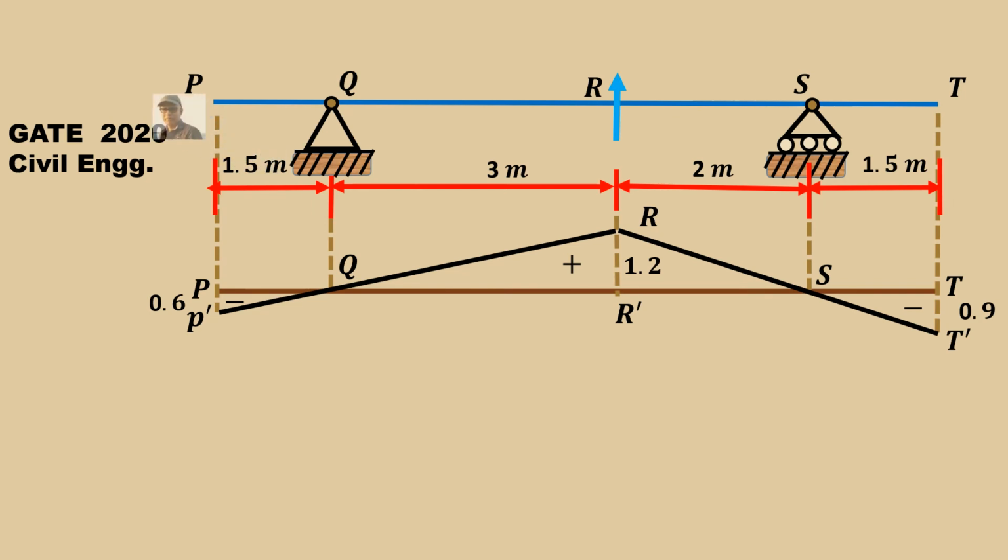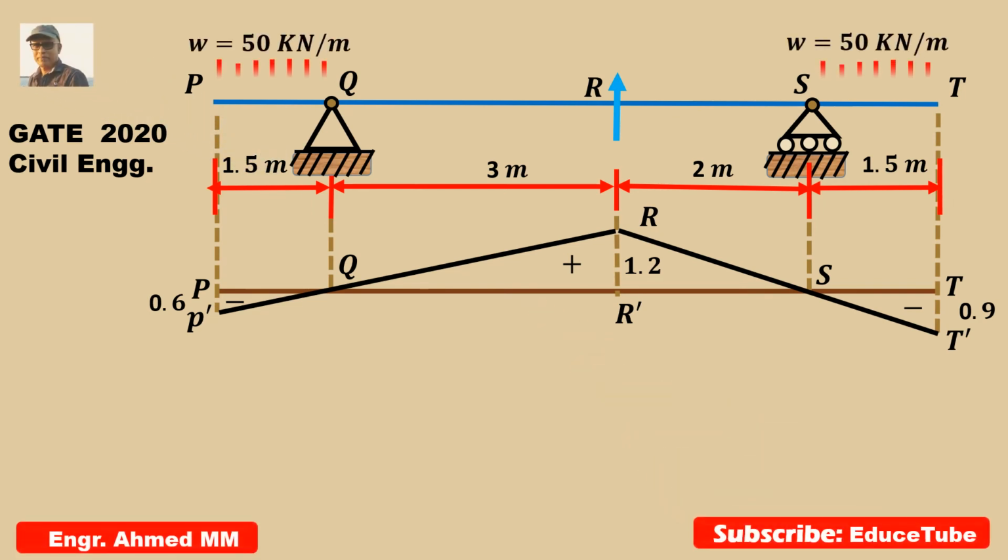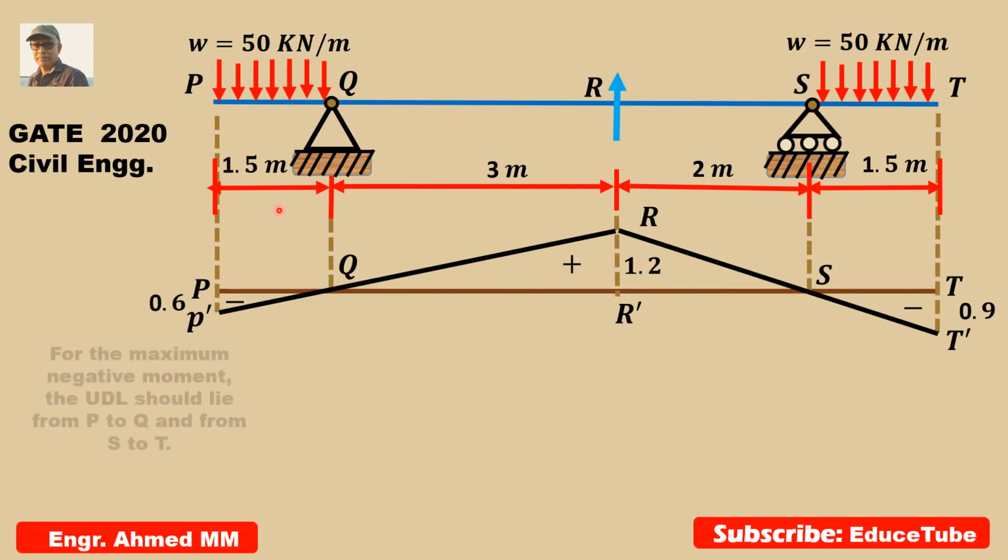Now let's apply the uniformly distributed loads. So it is applied, 50 kilonewton per meter. It is applied on both ends on the cantilever part.